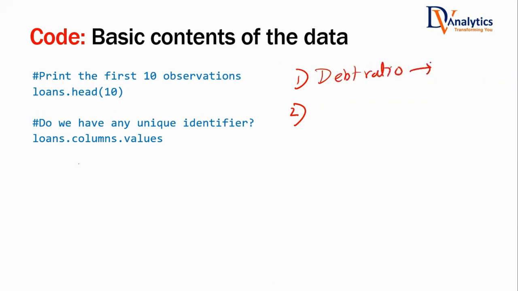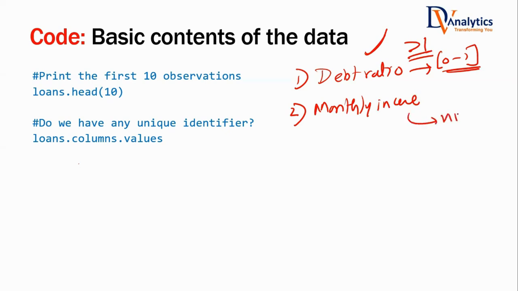Sir, in the top 10 values, one is 5,760 and one is 44. It has to be between 0 and 1, but it is going beyond 1. Yes, that's true. That's a problem. What else? Somebody was saying something else. There is an issue with the monthly income. Monthly income, what is the issue in this? There are many null values. Okay. Third issue.